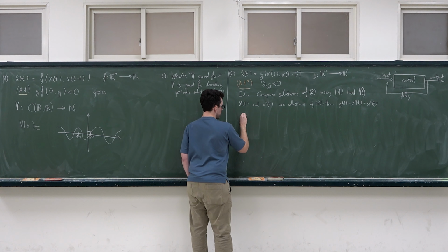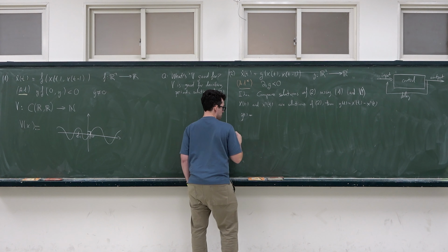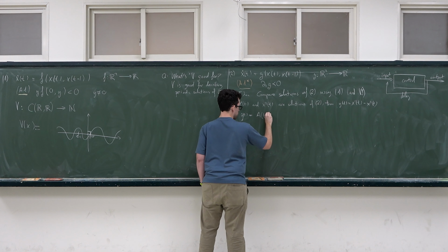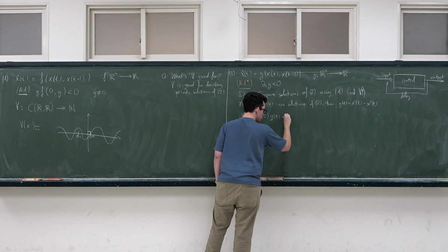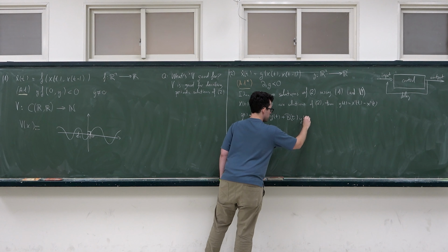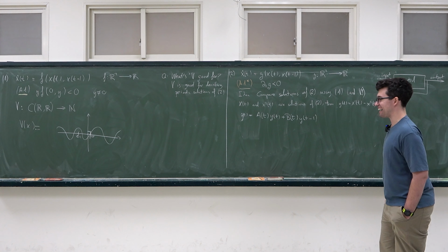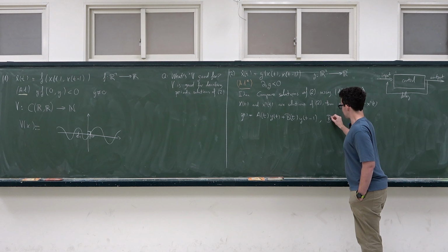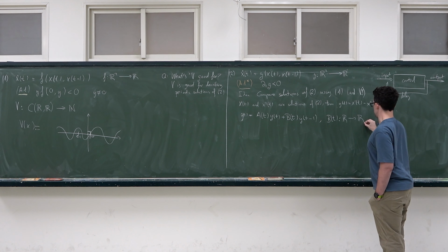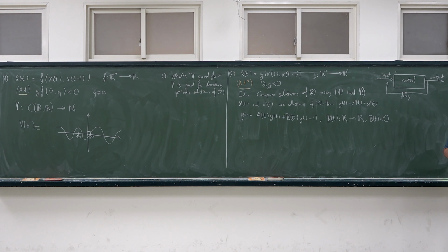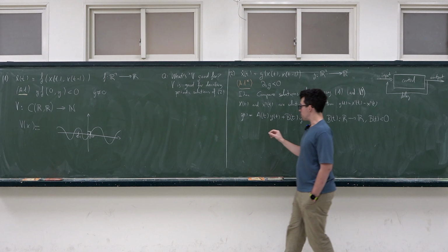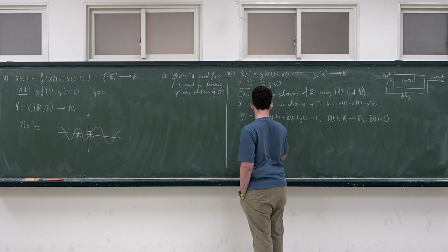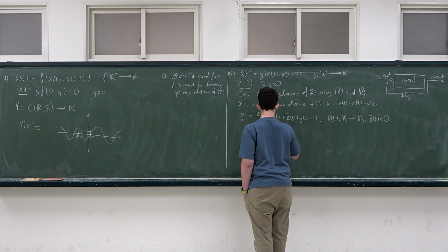I claim y dot of t is actually of the form a of t y of t plus b of t y of t minus 1. Is everybody happy with this? I will prove it in a moment. Where b of t is a real function and it's strictly negative. So all of a sudden this looks a little bit more like f of y of t, comma, y of t minus 1.